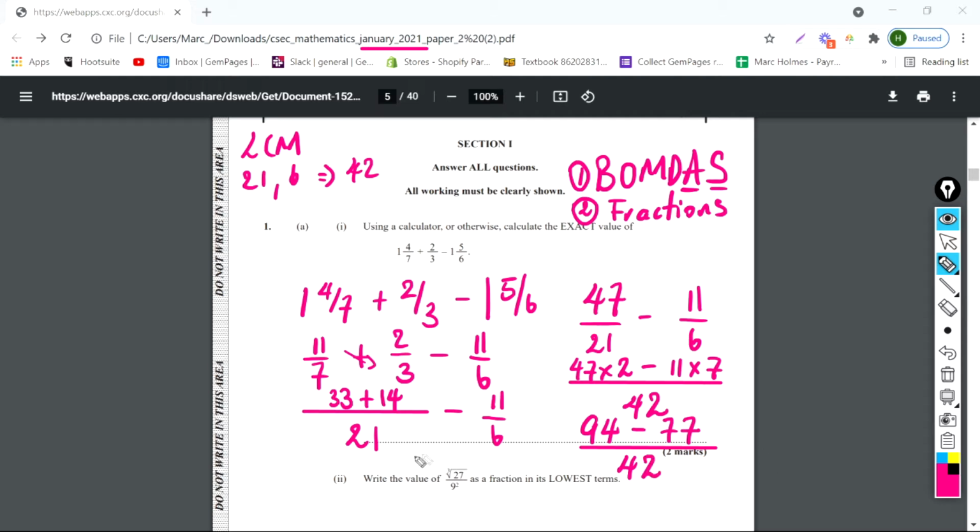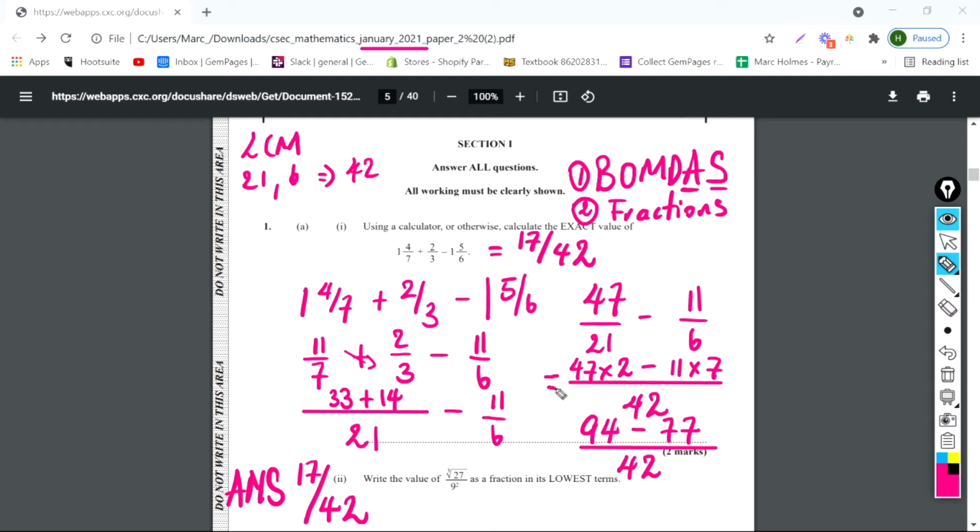Cool. So the final answer, guys, let me write it over here. When I subtract 77 from 94, I should get 17 over 42. So that's the answer for number one, part A: 17 over 42.